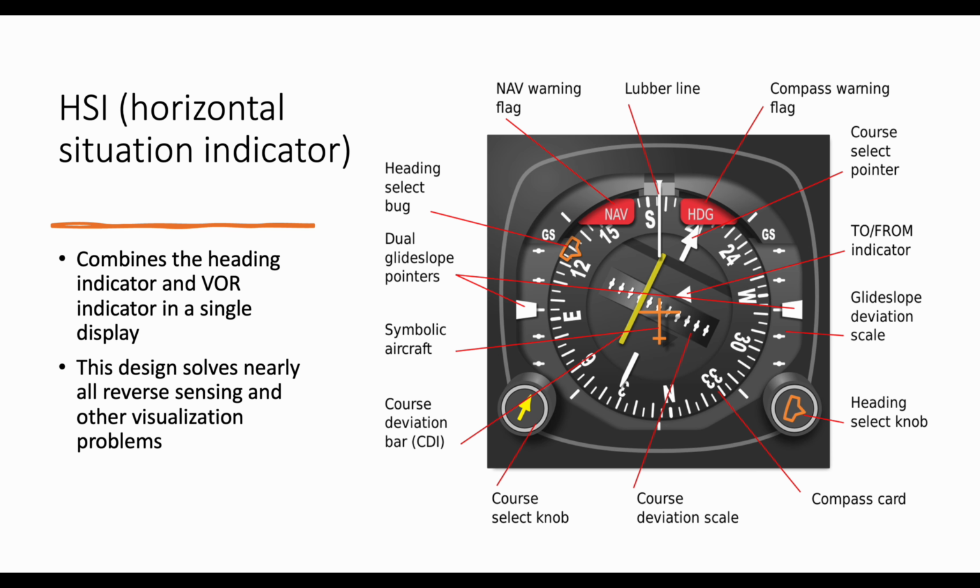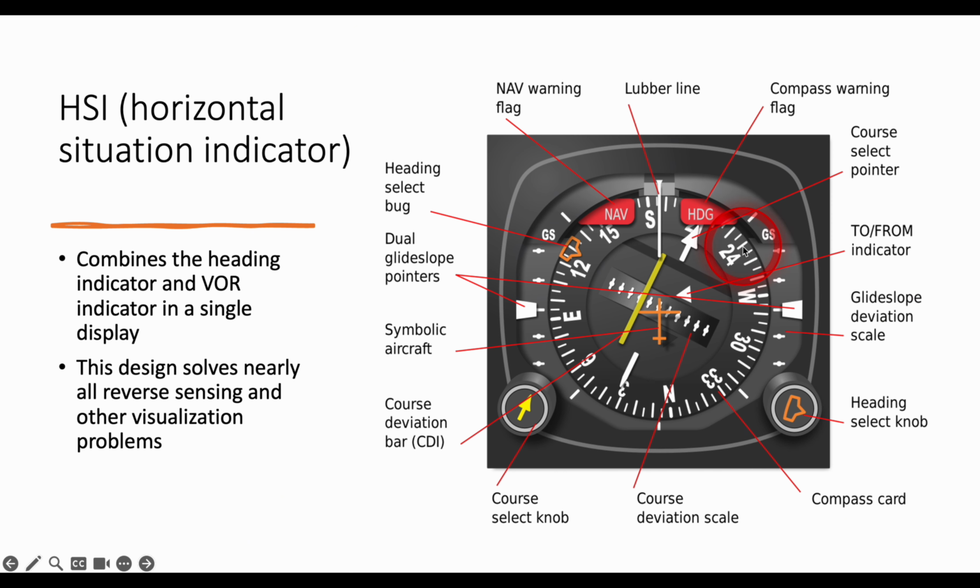And it's kind of nice because instead of looking at 2 different instruments, you just look at one instrument and it overlaps your navigation over the top of your heading indication. So it prevents a lot of error when you're trying to scan between two different instruments. This reduces errors, and it also prevents reverse sensing and other visualization problems.